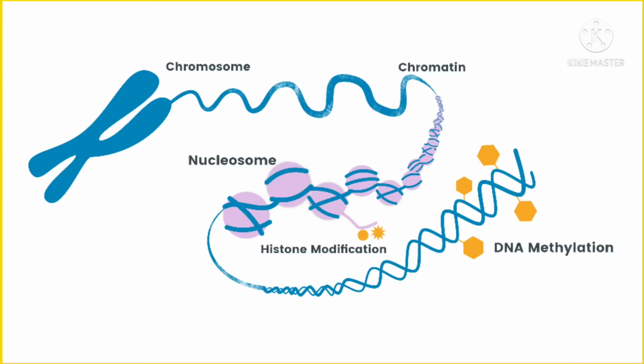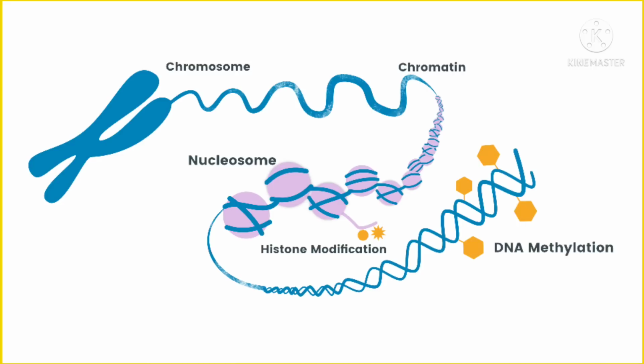These molecules identify which copy of a gene was inherited from the mother and which was inherited from the father. The addition and removal of methyl groups can be used to control the activity of a gene.